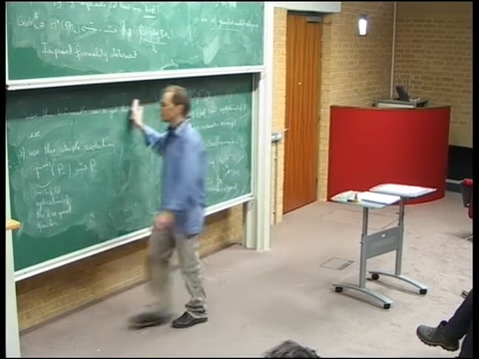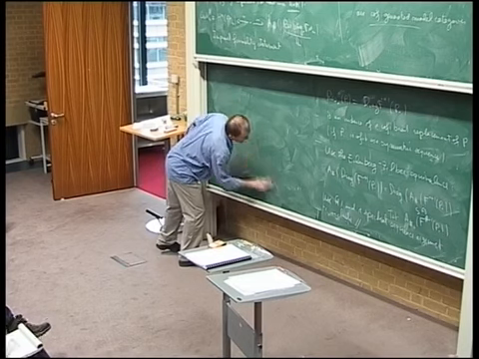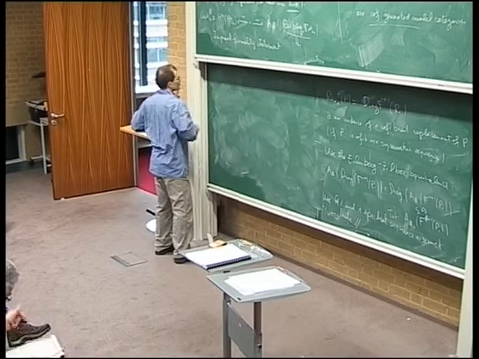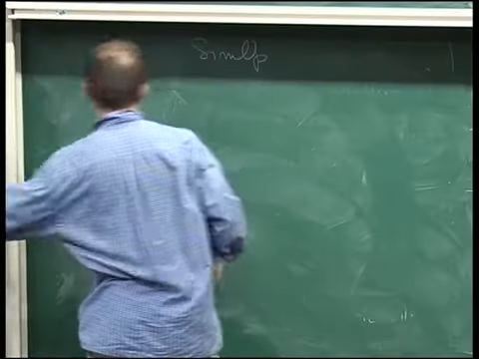So I have simplicial operads on the left-hand side, and DG Hopf cooperads on the right-hand side.